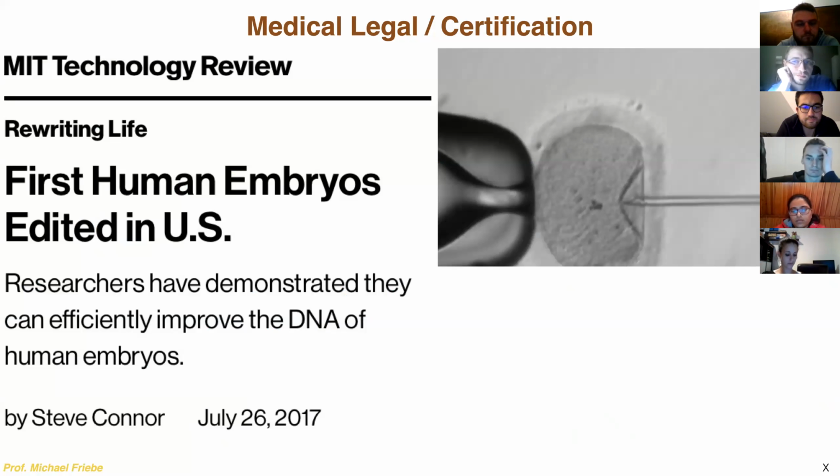And now apparently they were able to create the first human embryos edited in the US. Now, what do you think about this? Is that cool? Or is it something you maybe don't feel that comfortable with?